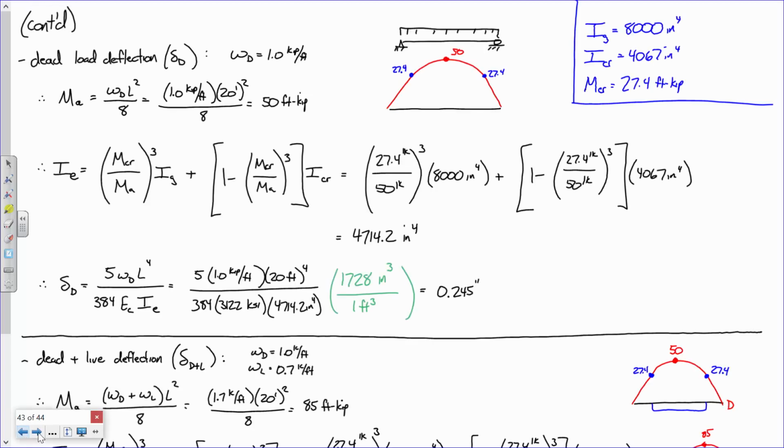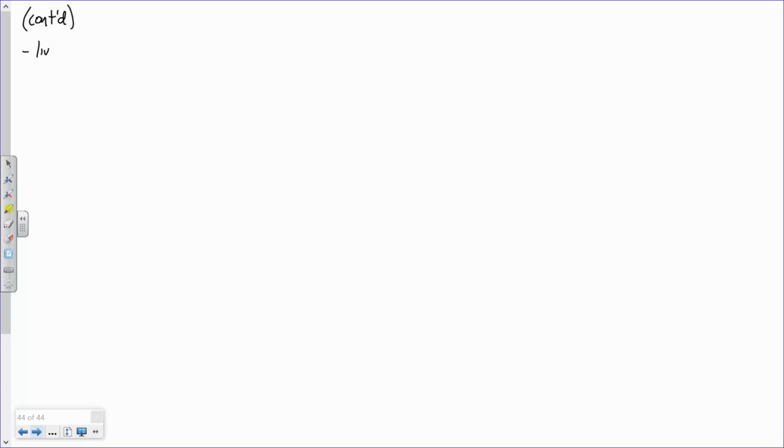Let's see, how did I do that? So if I just look at live load deflection, it's pretty simple. So we have the dead plus the live, and that was 0.467 inches. Remind me, what was this? So what is the live load deflection going to be? There you go.